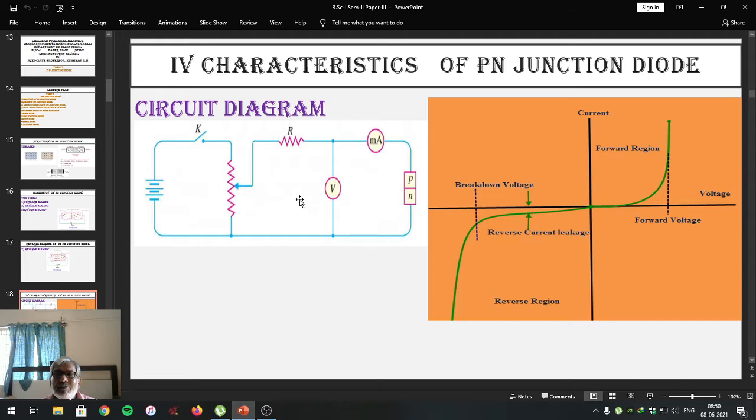For plotting the IV characteristics of the p-n junction diode, the circuit diagram is represented in this figure. Let us see what exactly the circuit diagram consists of. The circuit diagram to plot the IV characteristics consists of the power supply, which is represented here.